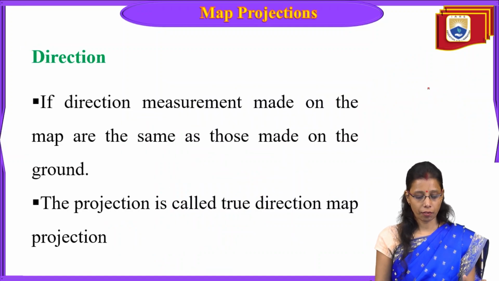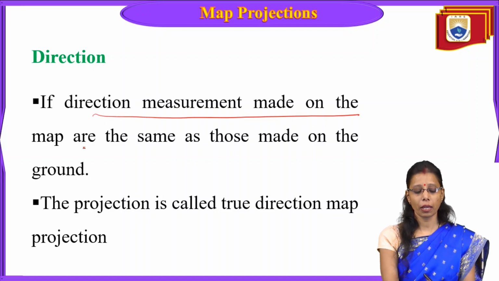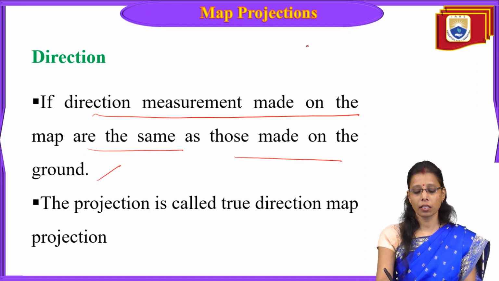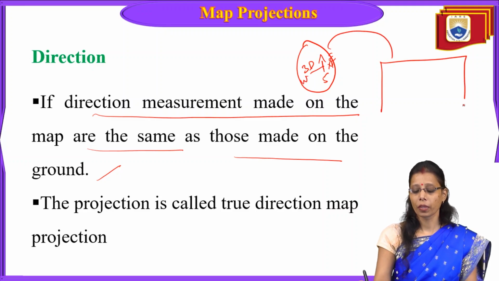Okay. Direction. If direction measurements made on the map are the same as those made on the ground, like for this 3D map, if this direction is north, here we have south. Whatever direction, west, east, the same direction should be transformed in the 2D.